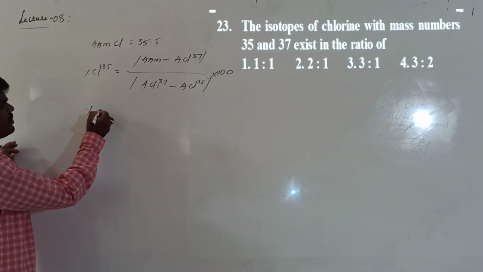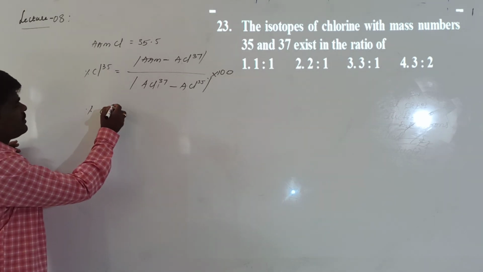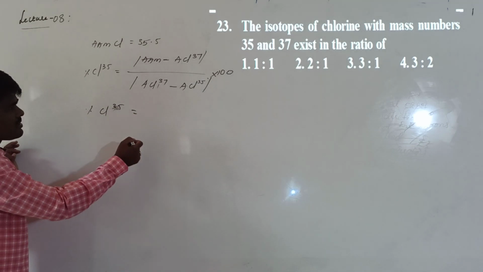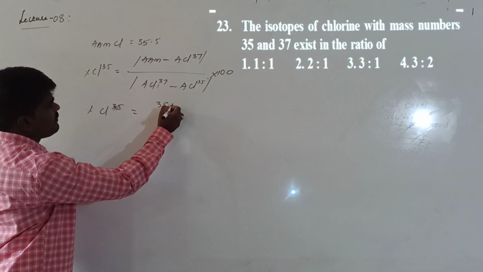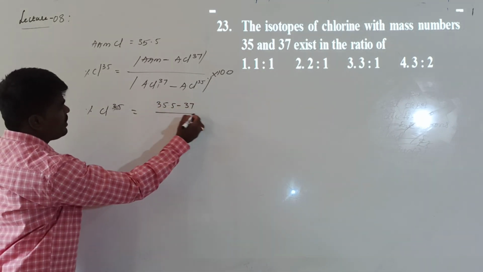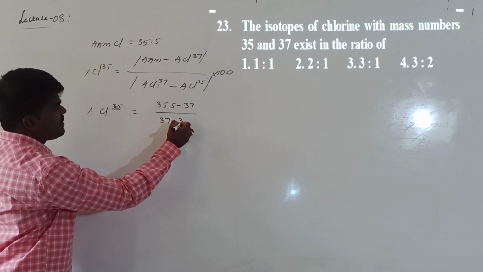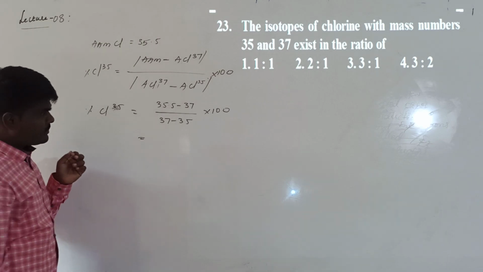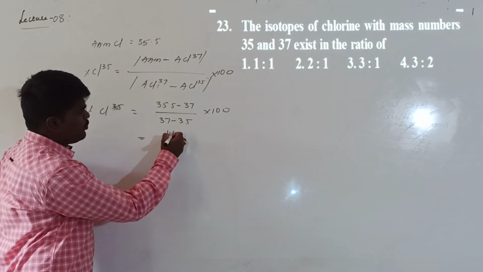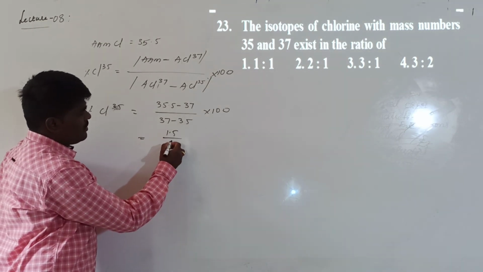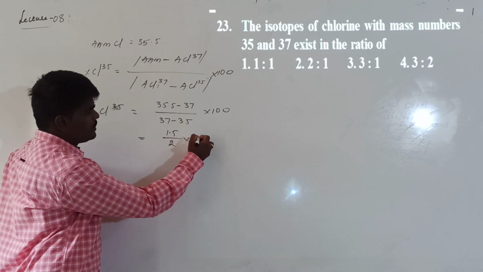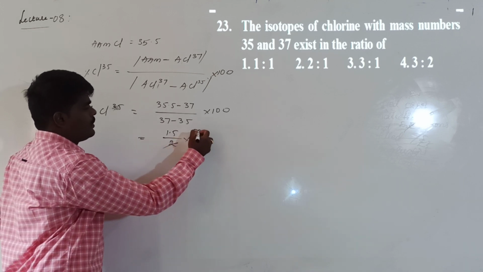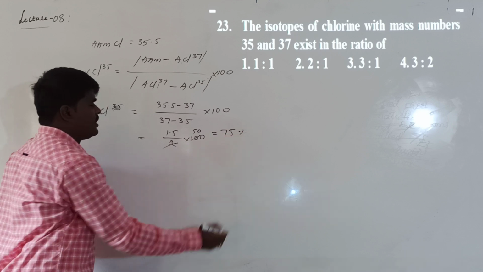So the percentage abundance of chlorine 35 will be equal to 35.5 minus 37 upon 37 minus 35 into 100, which comes to 1.5 upon 2 into 100, which comes to 75%.